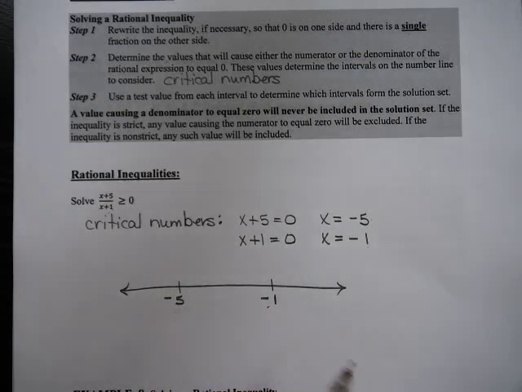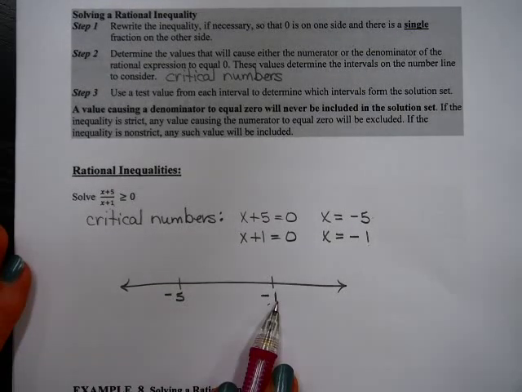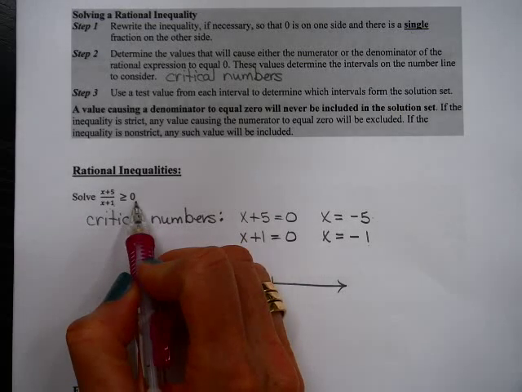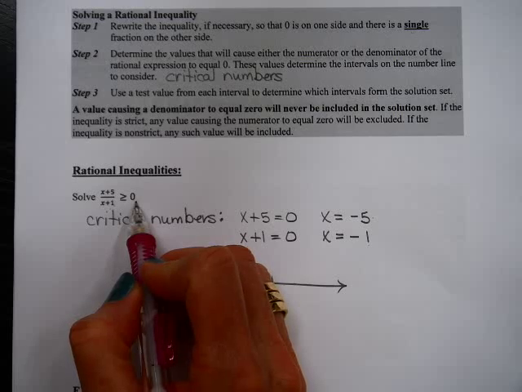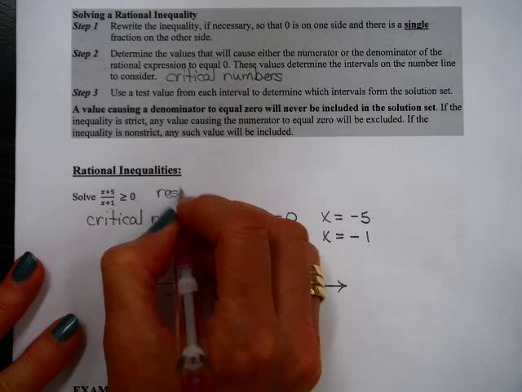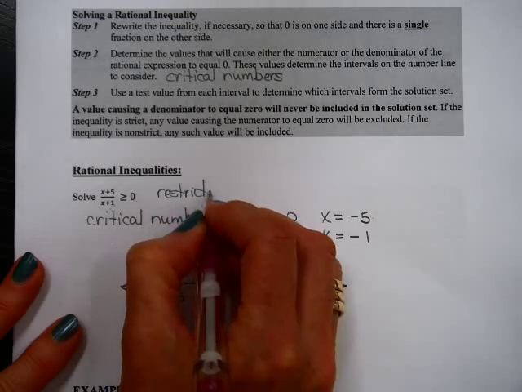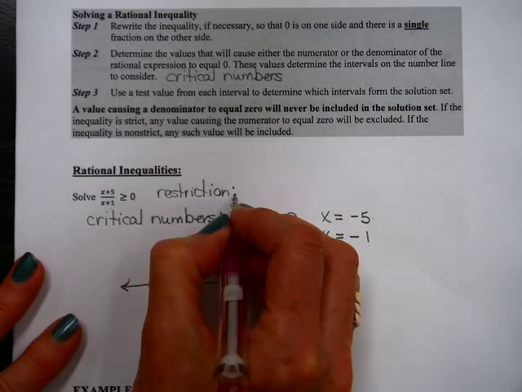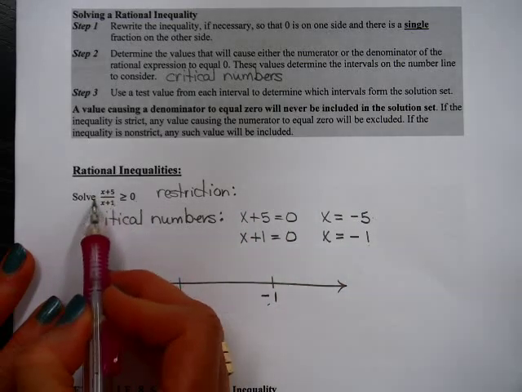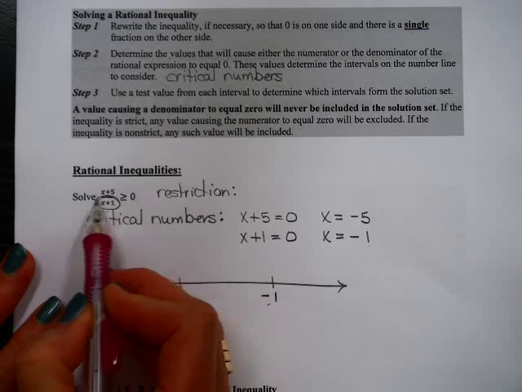Make sure you put them in the correct order, the smallest down here and the largest up here, even though they're both negative. Now, do you remember when we had a rational equation back in the last section? We had to note restrictions. There was something that could never solve the problem, and that was anything that made your denominator equal to 0.